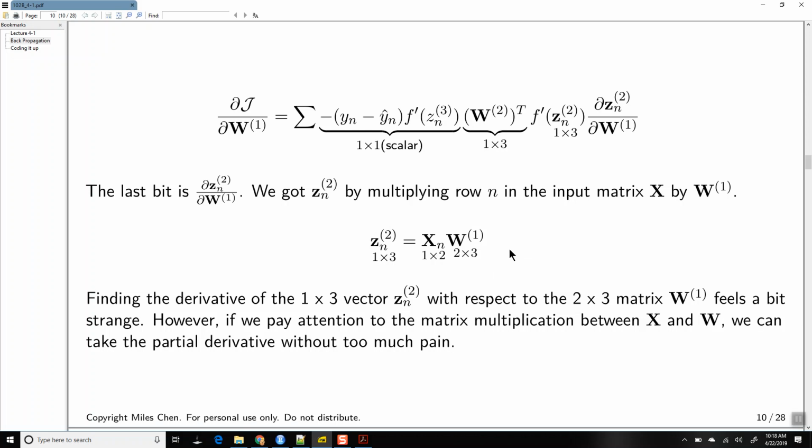And so it's weird, right? You have a vector output and you want the derivative of that thing with respect to a 2 by 3 matrix. I tried to look up a direct article on this, and I couldn't find much on the internet.